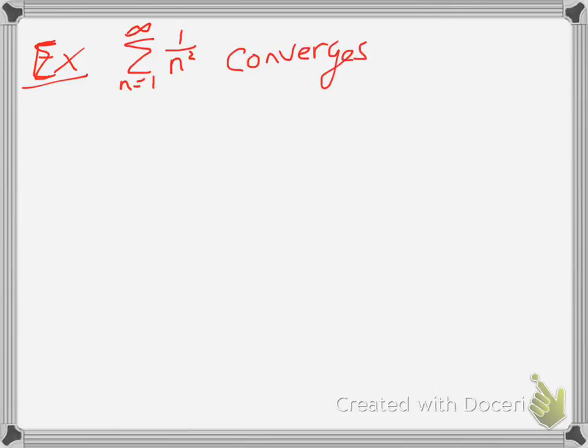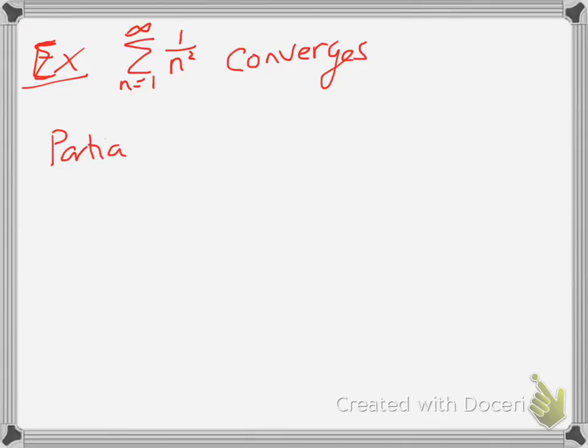So the first one that we're going to look at, let's go with an example. We're going to show that the sum of the 1 over n squareds, when you sum n from 1 to infinity, converges. So let's look at the partial sums and see what they are.